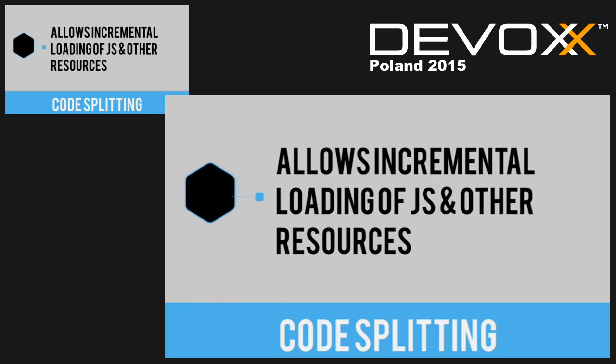Now, we talked a little bit about code splitting, but let's get into what that really means. Code splitting allows you to take the assets that you have, specifically JavaScript, and do an incremental load of them. So what you can do is bundle everything. Say you're using AngularJS and maybe a couple of other JavaScript libraries, and then you have your JavaScript for your main web application there.